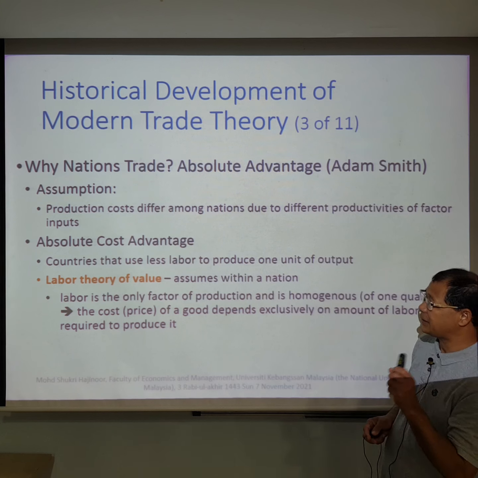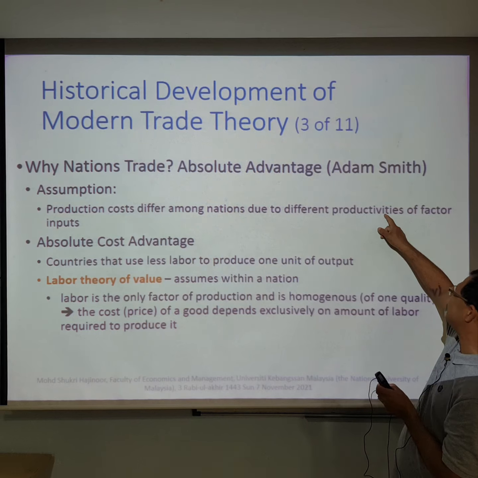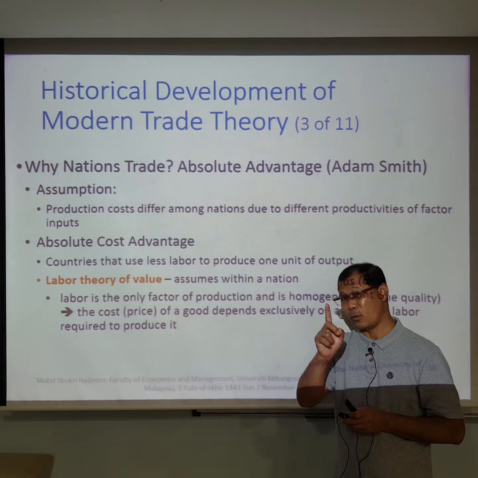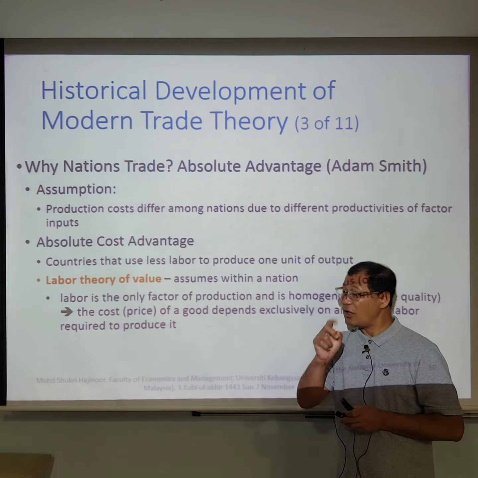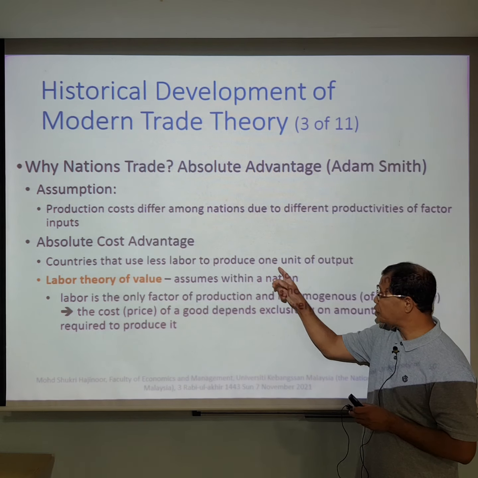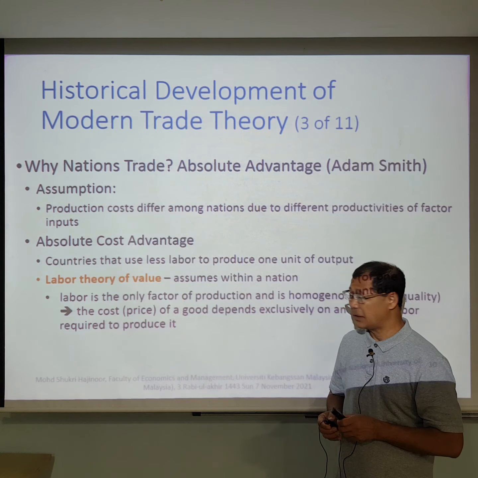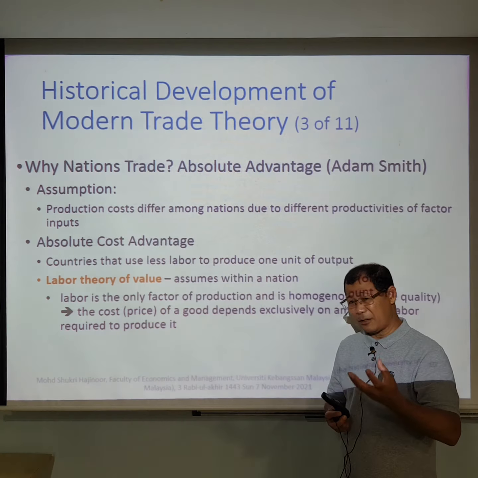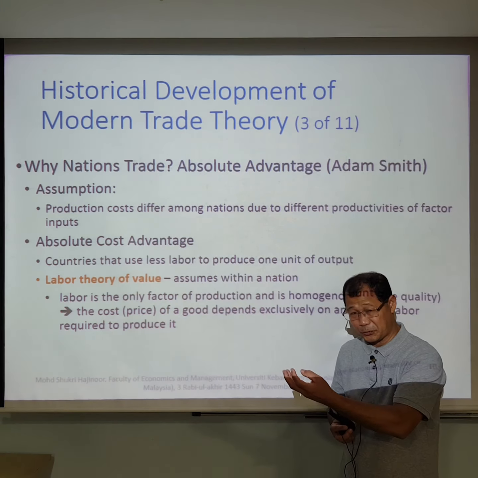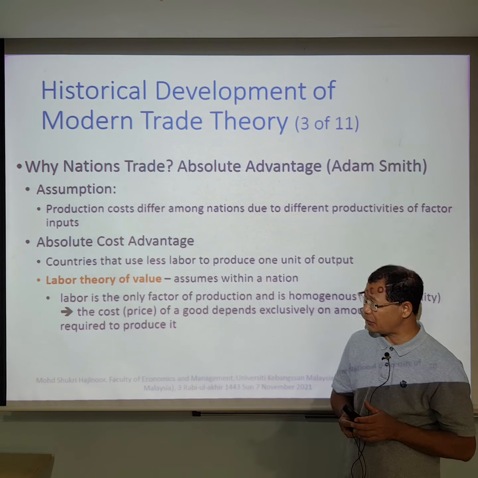So the assumption is production costs differ among nations due to different productivities of factor inputs. Here, factor inputs 2 by 2 by 1, only one factor, which is assumed to be labor only. So countries that use less labor to produce 1 unit of output have that absolute advantage. The lower the number of labor that a country must use to produce a product, that country has an absolute advantage.